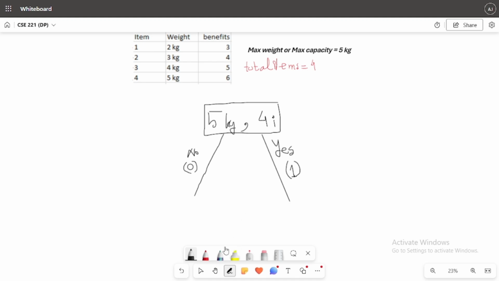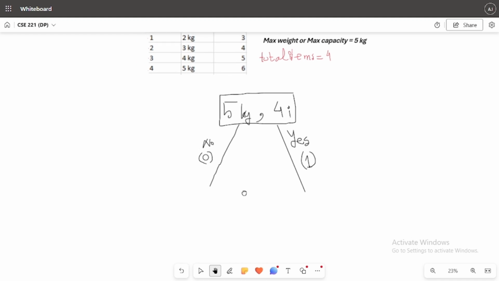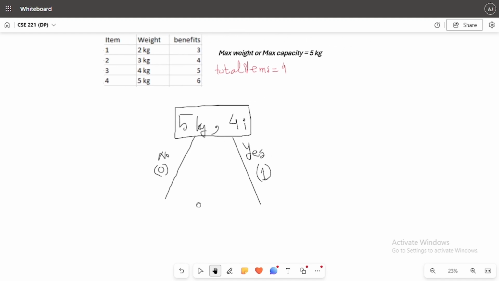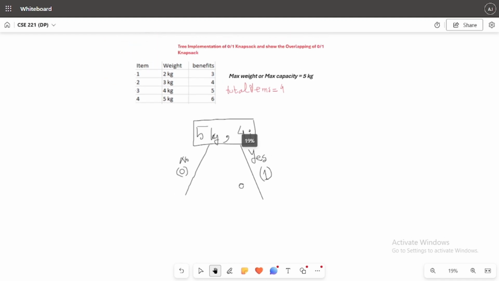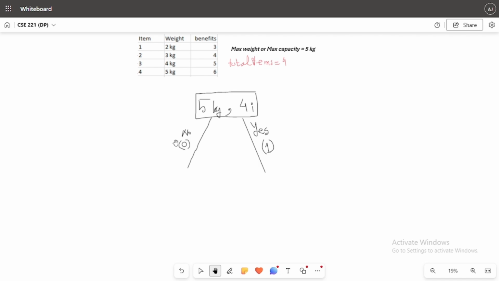Now if we don't pick the item, what will happen? If we don't pick the item, then the total weight will be the same, constant, which is 5 kg. Let's write it, because we are not picking any item from our root, right? So it is 5 kg, it will be the same.